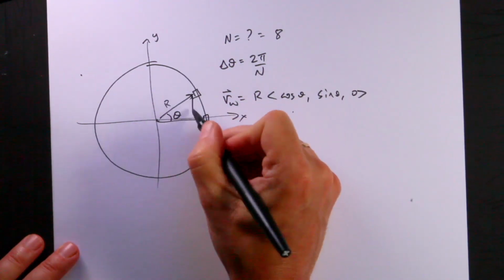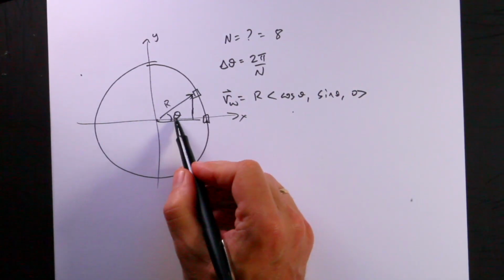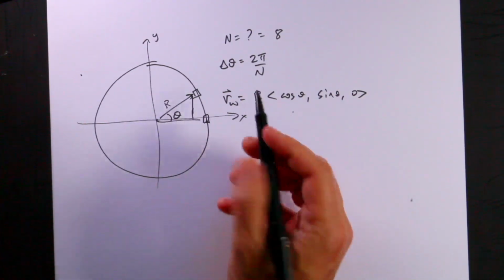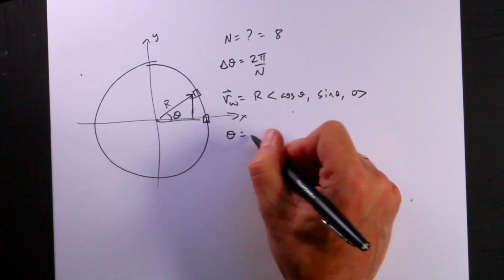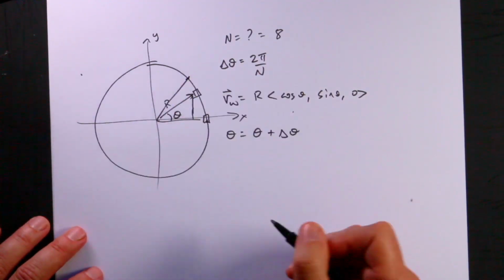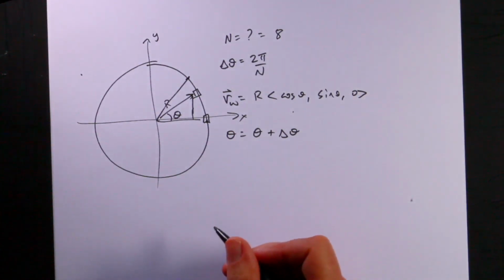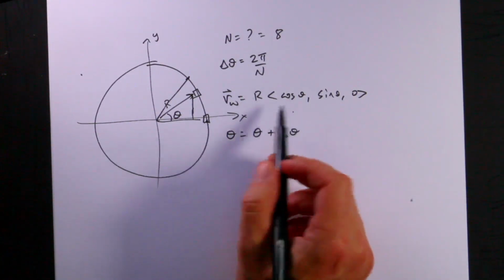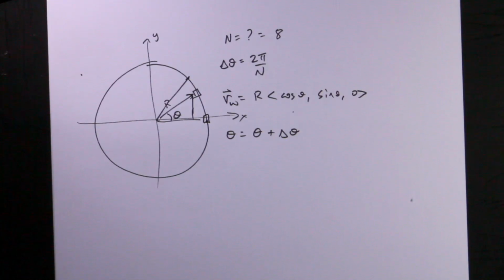I get the x and y components using that angle and that value r. Then I say theta equals theta plus delta theta and move to the next angle and do it again. So I can find where all my pieces are by increasing theta.